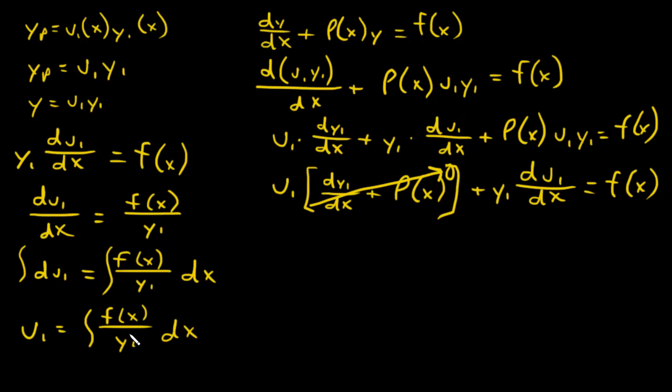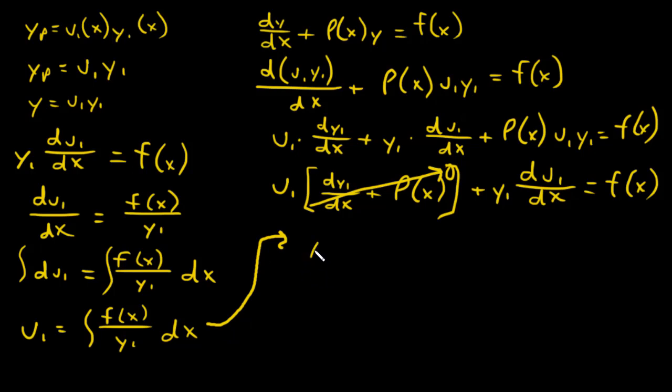Okay? Now, this is where it gets a little bit weird. I'm going to go back to the top and say my y sub p is u1 times y1. Okay? So let me swing up to here. I've been swinging all over the place, but bear with me.